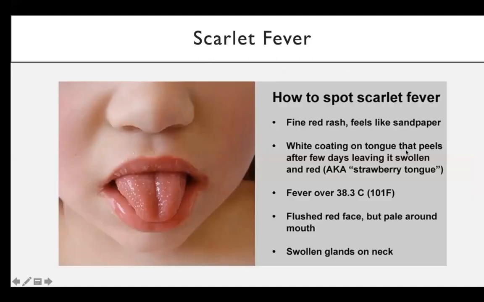How to spot? We have a history of strawberry tongue, which feels like sandpaper, red rash on the body, rough like sandpaper, fever, flushed red face. So cheeks are red, but with perioral pallor. Around the lips it is pale, which makes the red cheeks more prominent.